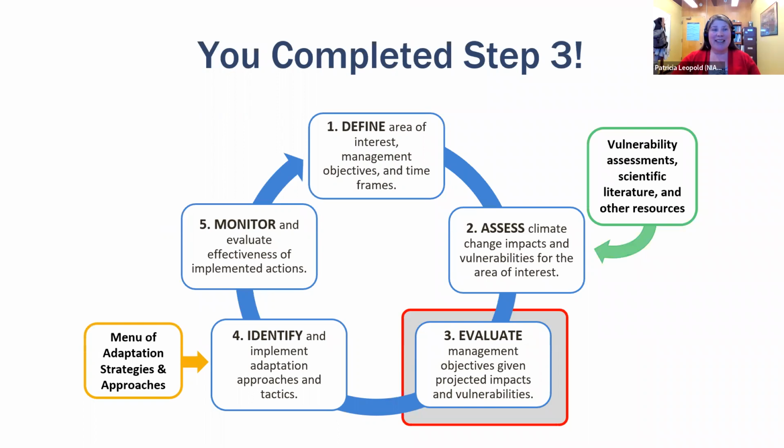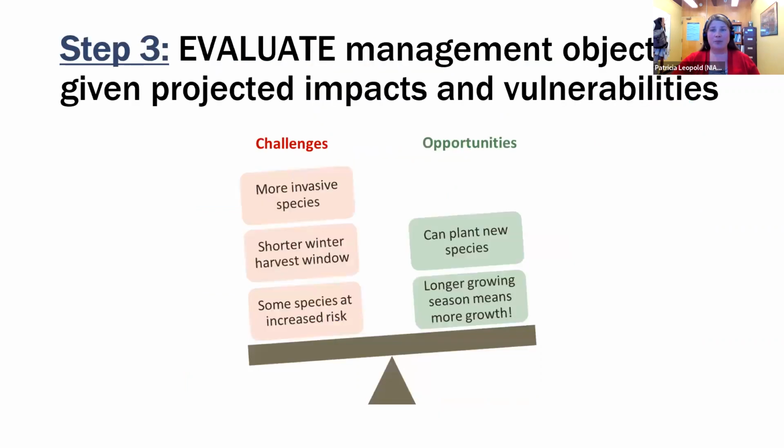So congratulations, you completed step 3, evaluating management objectives considering climate change. Remember, this is the step where you brought together your management goals and objectives that you identified in step 1, and also the climate impacts that you identified in step 2, in order to think about how climate change will affect your management goals and objectives.